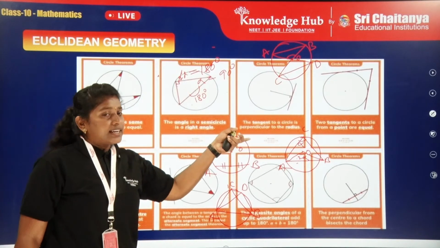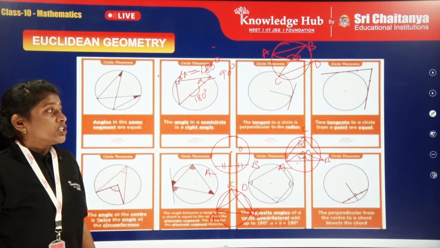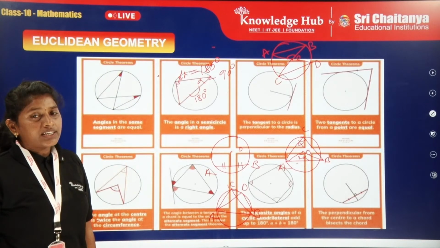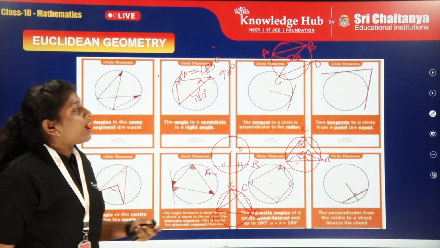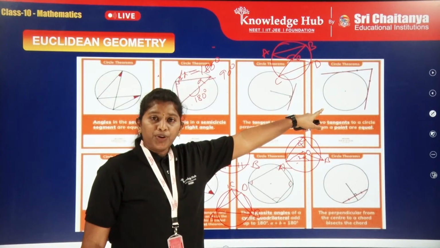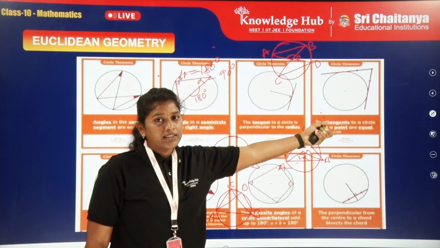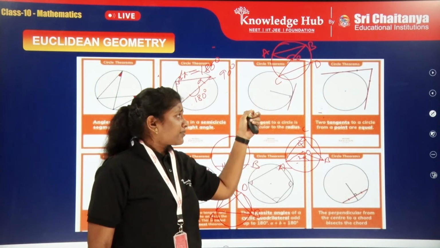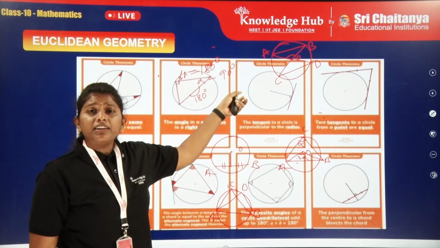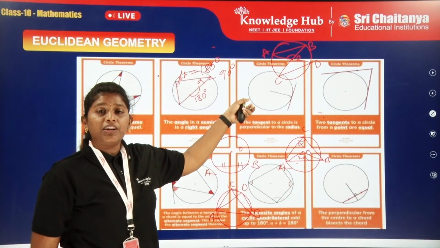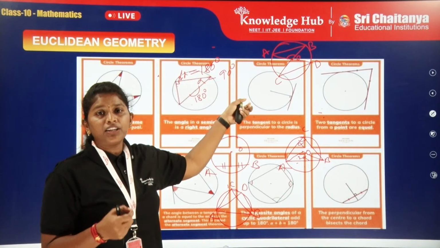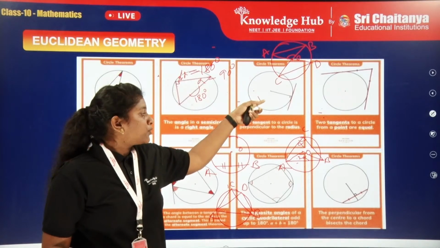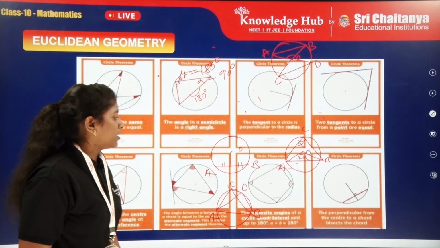So now moving to the next, that is your tangents and secant. The theorems related to the tangent and secant: if you are having tangents from an external point to the circle, then those tangents are equal, okay. And moving to the next, perpendicular from center to the tangent: if you draw a line from the center to the tangent, it is perpendicular to the tangent, okay.